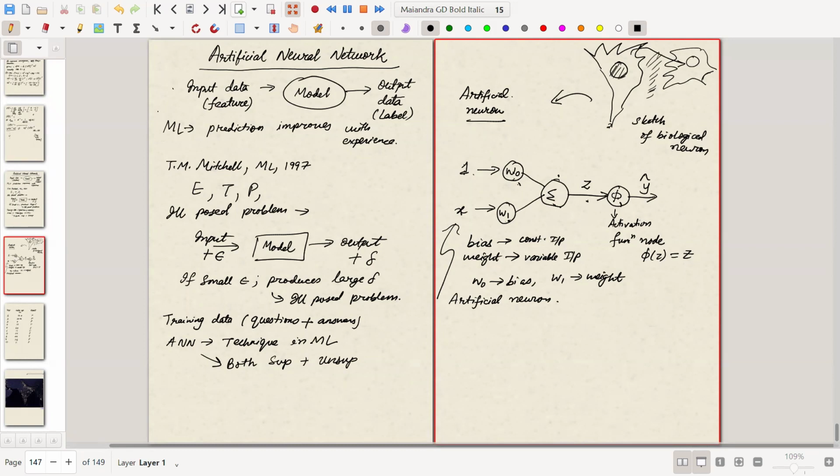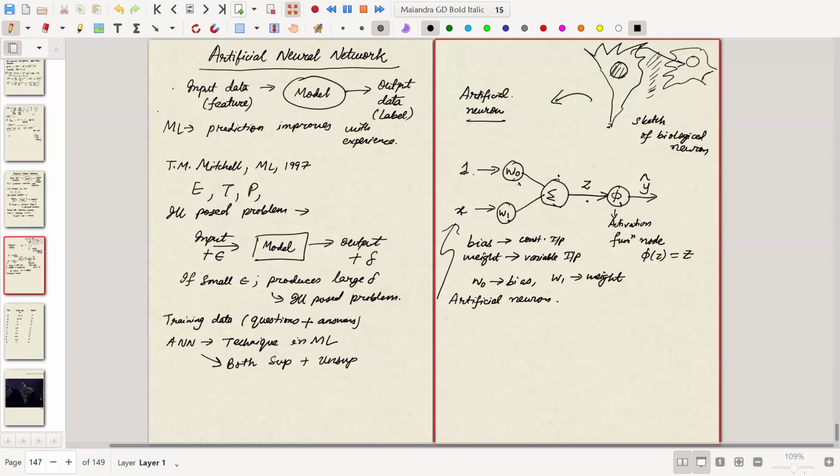So a network of artificial neurons with a properly selected activation function is known as an artificial neural network. Now you have another definition of artificial neural network, isn't it? So what is an artificial neural network? We learned it's a technique in machine learning which can be used for both supervised and unsupervised learning.